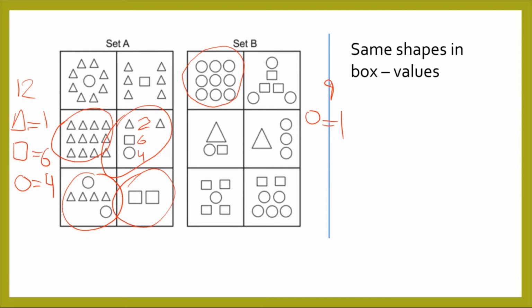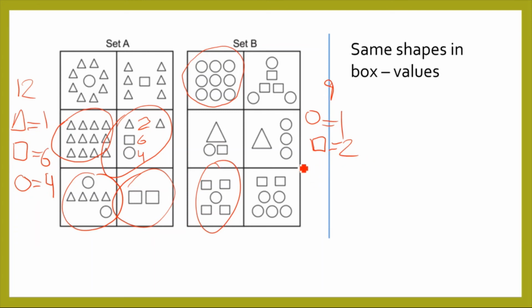Now looking at the second simplest one, I like this one the most after the first one, and I can see there's 1 circle in there. So if I do 9 minus 1, that would give me 8. So that makes square equal to 2.